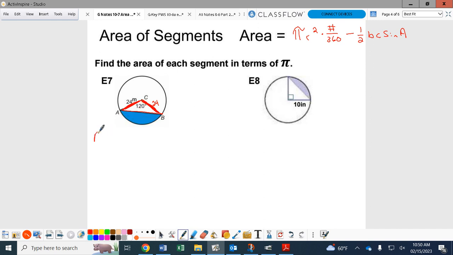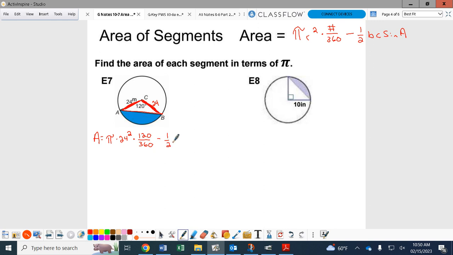Area equals pi times the radius, which is 24 squared, times, guys, how many degrees is the shaded area in? 120 out of 360. But now we got to get rid of that triangle, so we got to do minus 1/2.